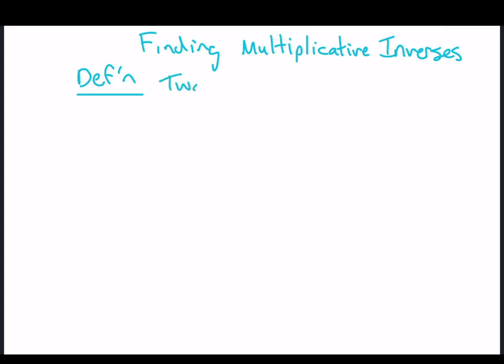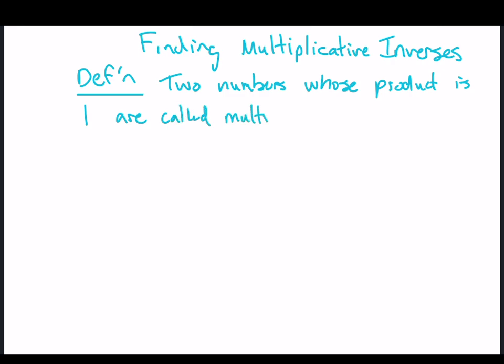Two numbers whose product is 1 are called multiplicative inverses. So when you take two numbers and multiply them together and you get 1, those are multiplicative inverses. Okay, let's do an example.